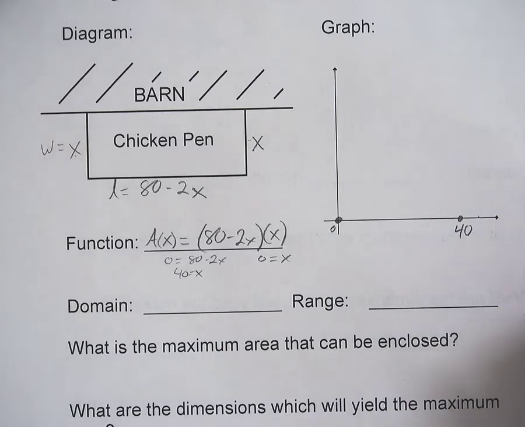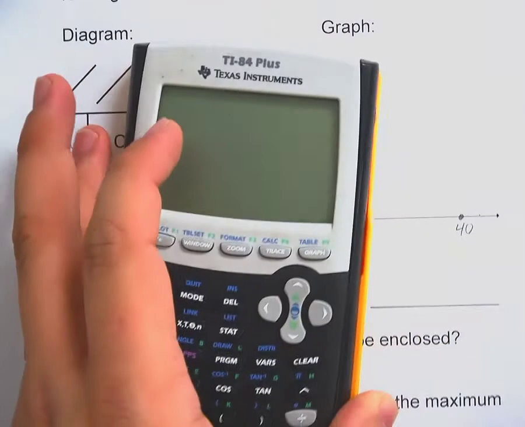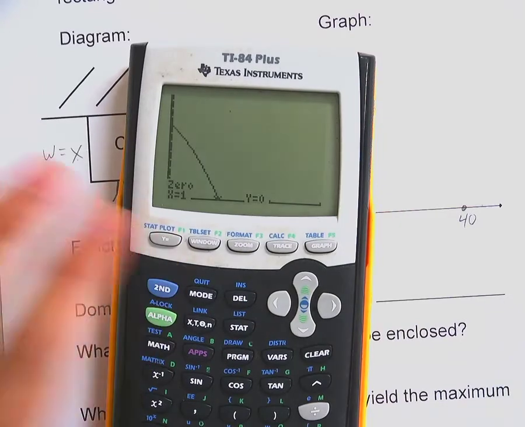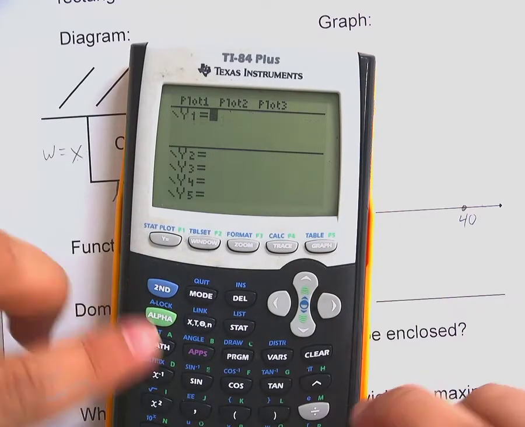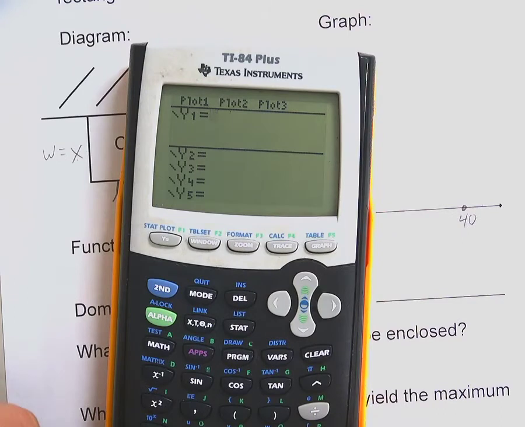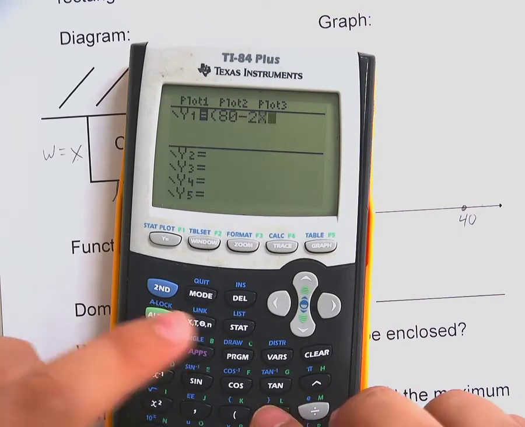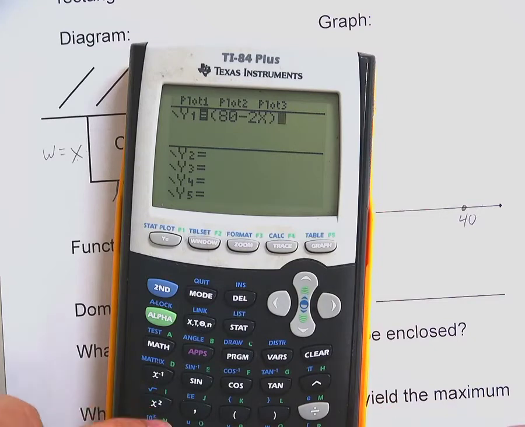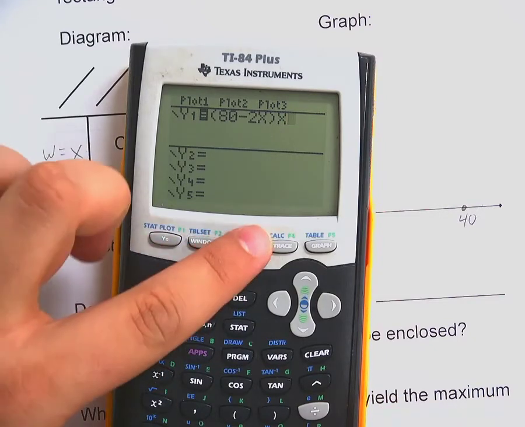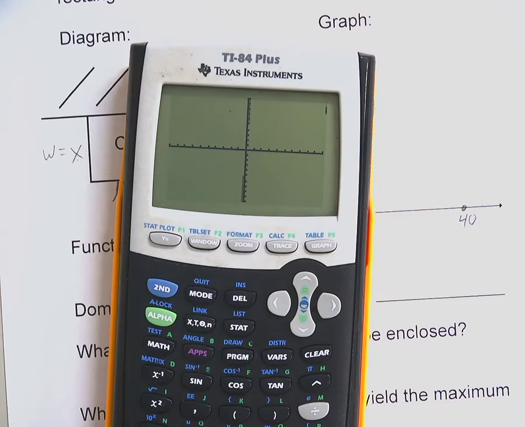Alright, so let's see how big this thing is going to get, because it may be a lot bigger than I'm thinking. Let me get rid of all this. My formula was parentheses 80 minus 2x parentheses times x. And I'm going to go to zoom 6, my standard window.